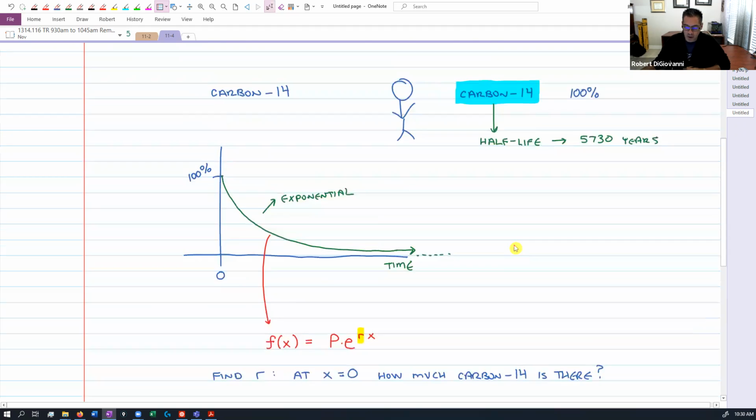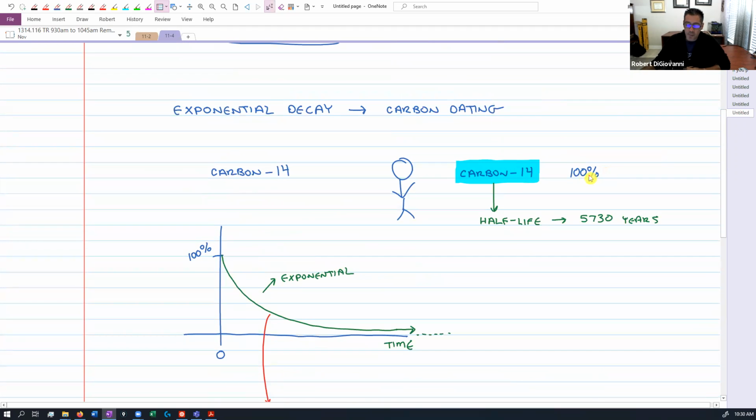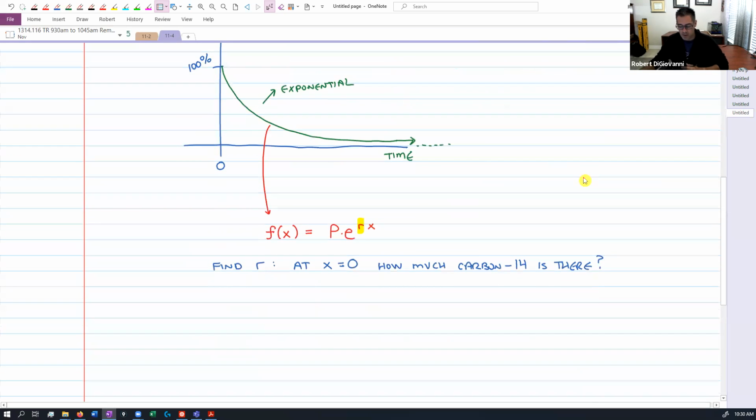Well, what did I say? When you die, 100% of your carbon-14 is there. So 100% is there. Now I'm going to convert 100% to a number. 100% is 1, I just move the decimal point 2 places to the left. So I've got 1. Y'all understand that?